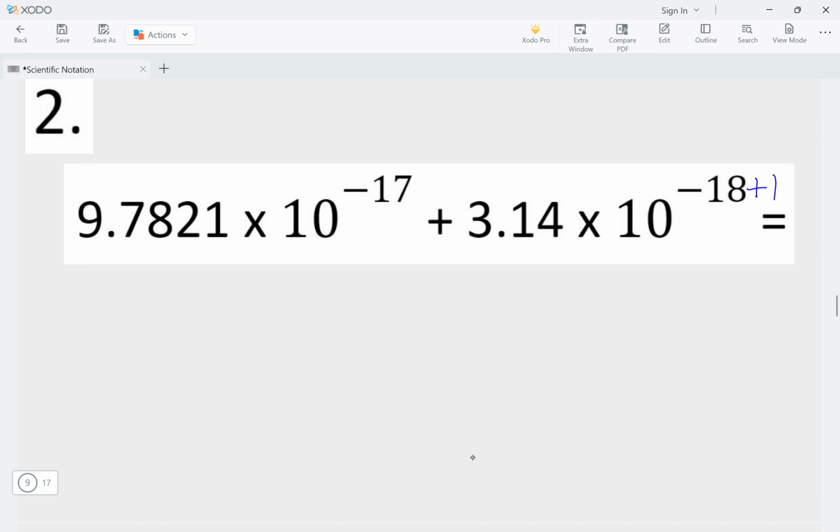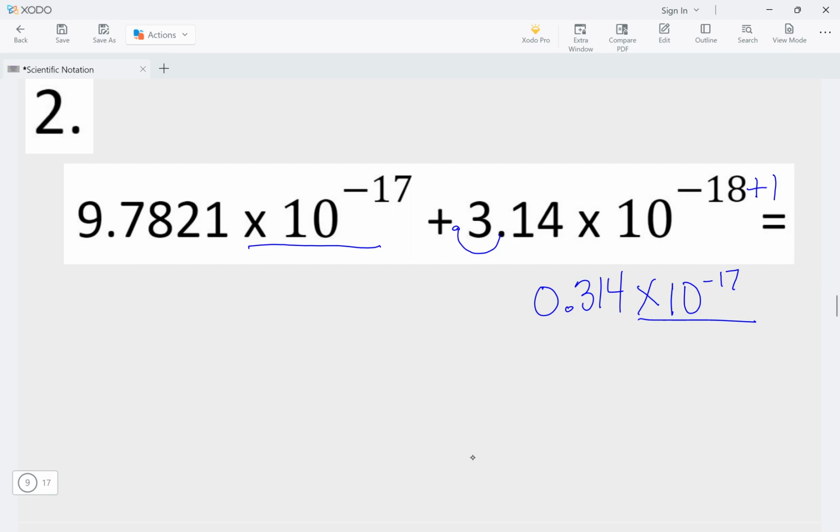So now I have 10 to a negative 17th power, because if I have a negative 18 plus 1, that's a negative 17. And then because I added, this is going to move over 1 spot, and my new number is 0.314. Now that these have the same base 10, I can just add them.